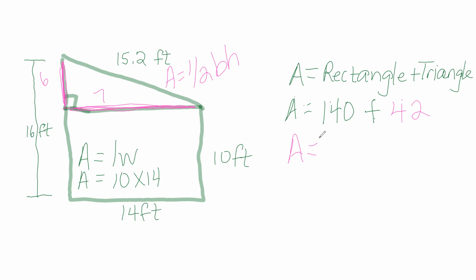Because they're telling you on the outside that the whole thing is 16, that's a clue that you can subtract 10 from the 16 and just know that the side of the triangle is 6. Now the 15.2 is thrown in there that you don't need, right? So that's something to ignore, really.